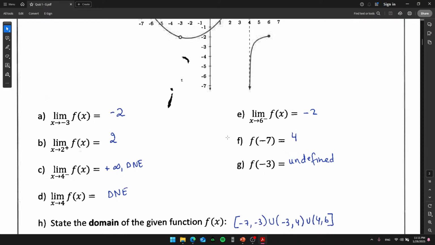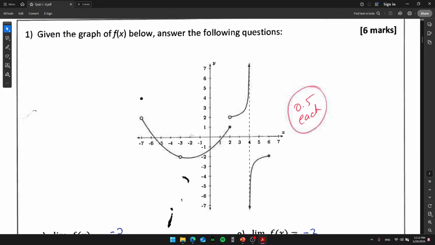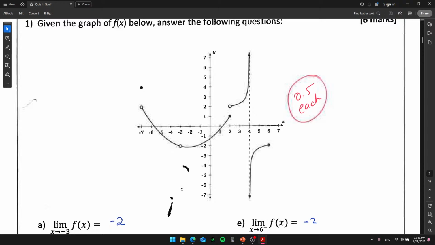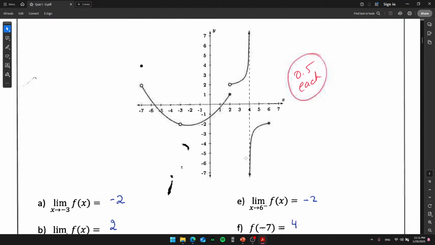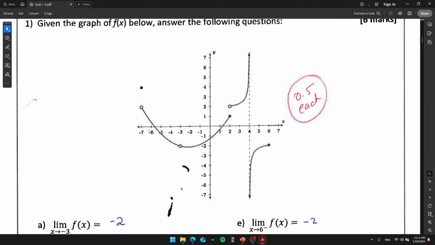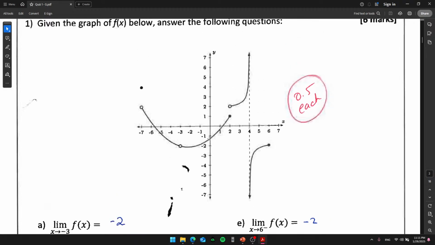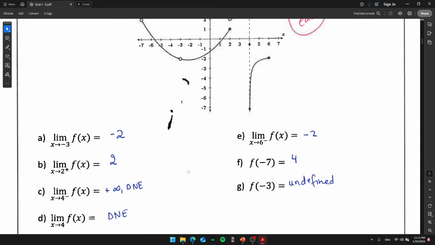A, B, C, D, E. 6 from the left. 6 from the left. -2. -7, 4. -3. Yeah, undefined.